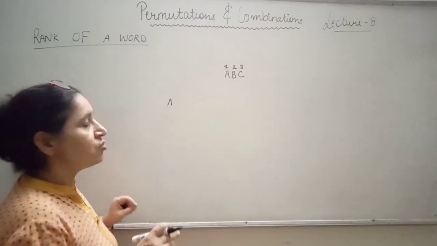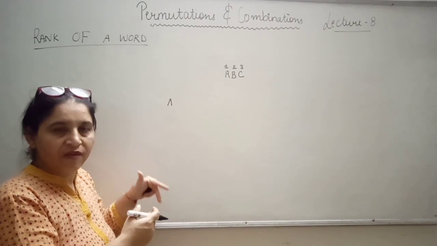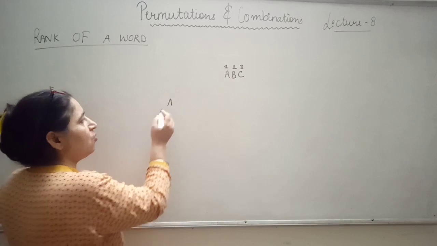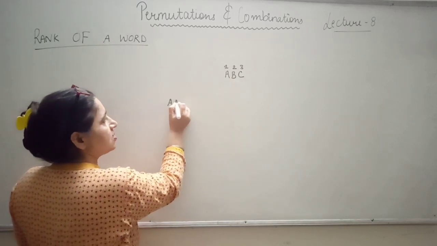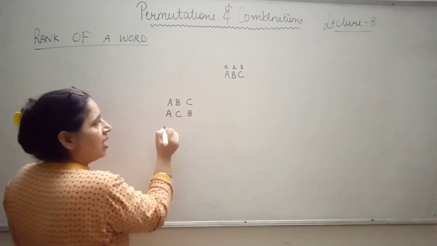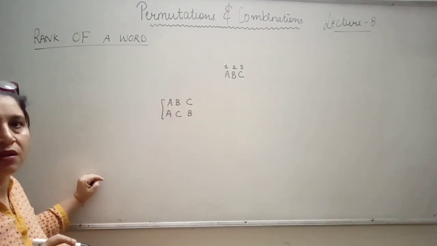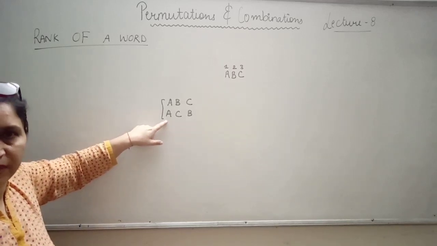So if we write them as per the dictionary rule, then A comes at the first position, then B and C, then A, C, B, and now these are the two words which can be written starting with the alphabet A.